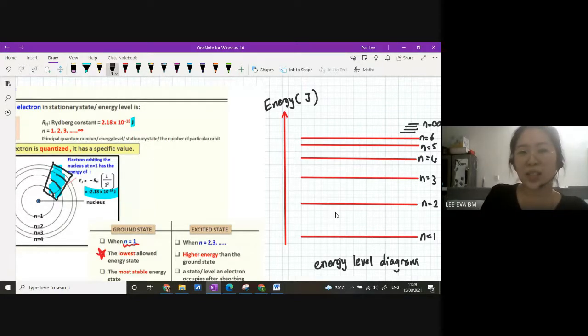So kalau let's say untuk postulate yang kedua, Madam nak awak kira, okay, the energy for electron at this level. So you need to apply the formula and then calculate. So when we talk about the second postulate, tak ada transition. So dalam awak punya energy level, awak takkan nampak arrow ke, takkan nampak transition.